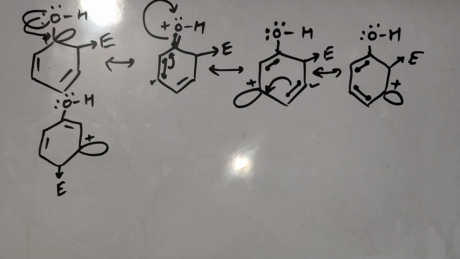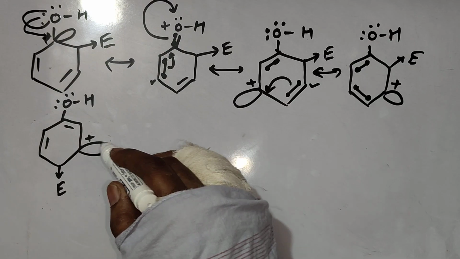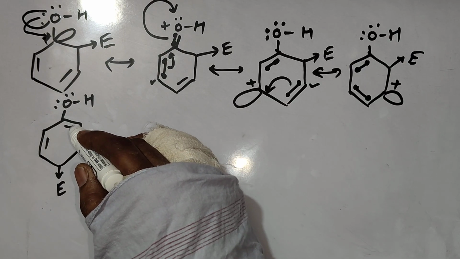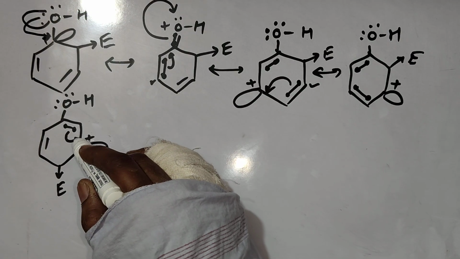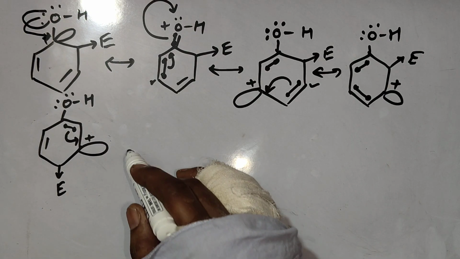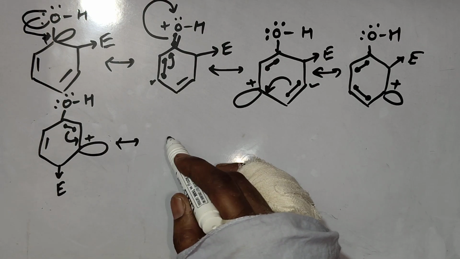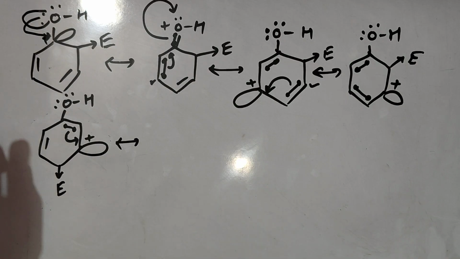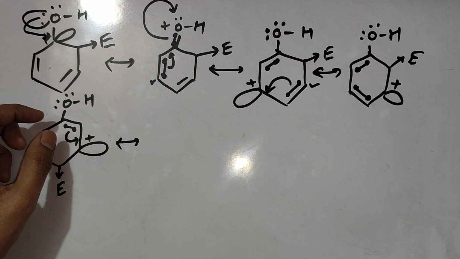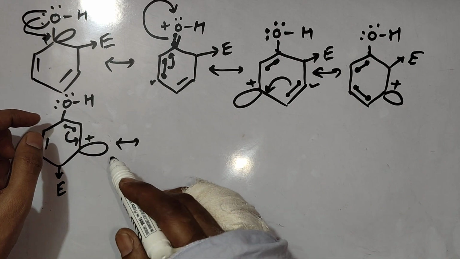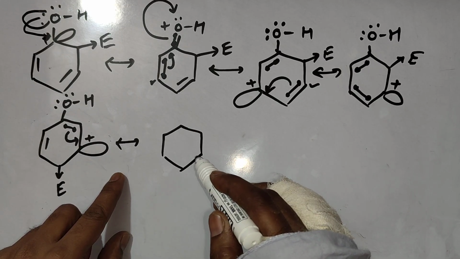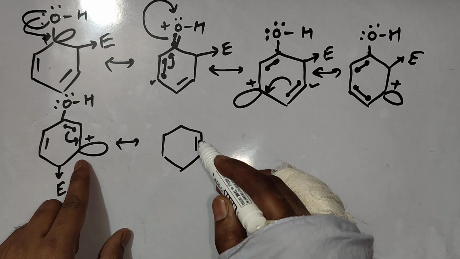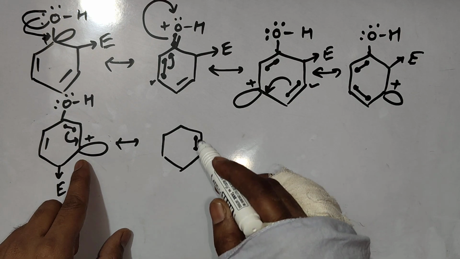Now let's check how much stability it is getting. Okay, this is a vacant orbital, positive charge. So firstly we can stabilize it like this, due to which the positive charge will be finished from this carbon. Pi bond will be generated here.